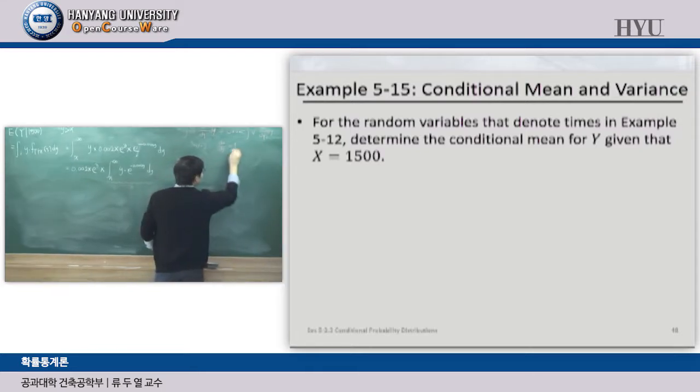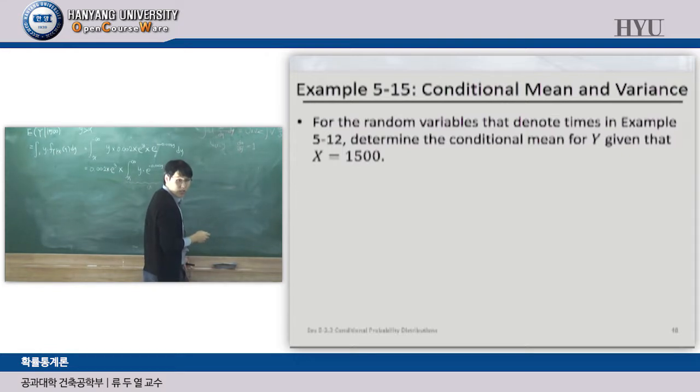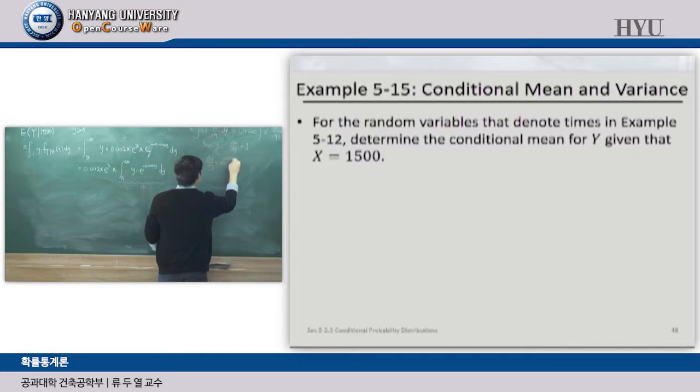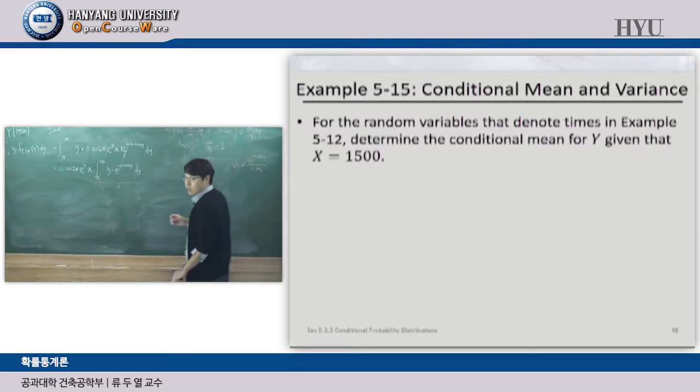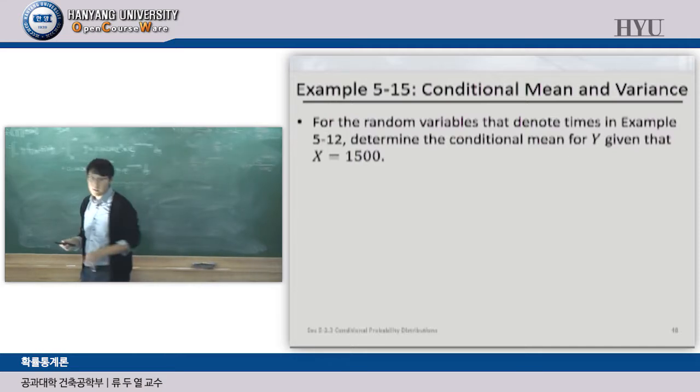That is equal to 1, okay? And here, dv over dy is equal to exponential minus 0.002y. So, v is equal to minus exponential minus 0.002y over 0.002. Okay?